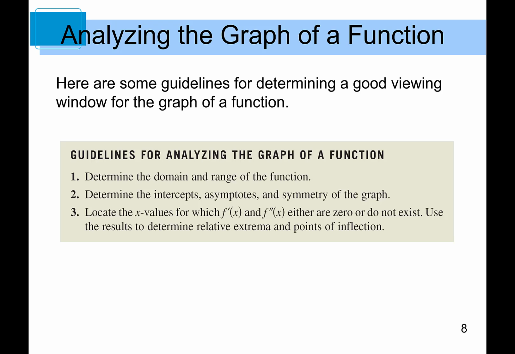Some guidelines to determine a good viewing window of a graph of a function. First one, determine the domain and range of the function. Domain is all possible x values, range is all possible y values. And second step, determine the intercepts, meaning the x-intercept and y-intercept.